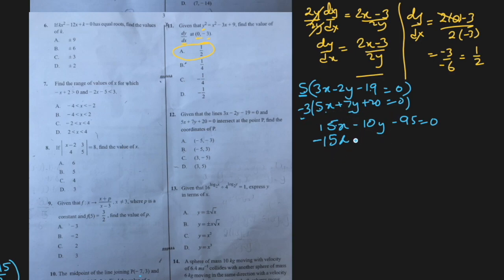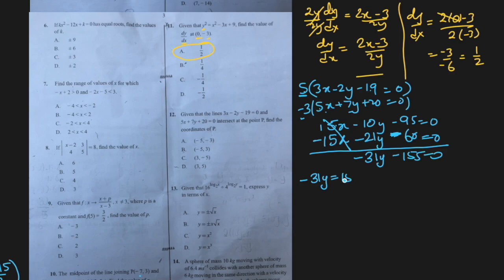Negative 3 times 7 is negative 21y, equal to 20 times 3 is 60, so negative 60, and equal to 0. And now add them, they cancel out. Negative 31y, negative, this will be 155, equal to 0. Let's rearrange this.